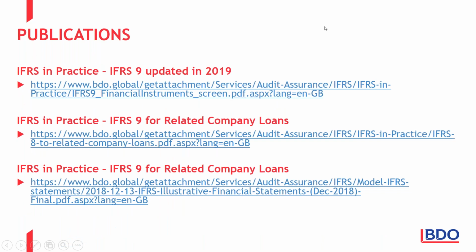From a publication side, we have an IFRS in practice, which has been updated earlier this year on IFRS 9 in general. There's also an IFRS in practice for IFRS 9 for related company loans, which really is an amazing publication, an amazing document.